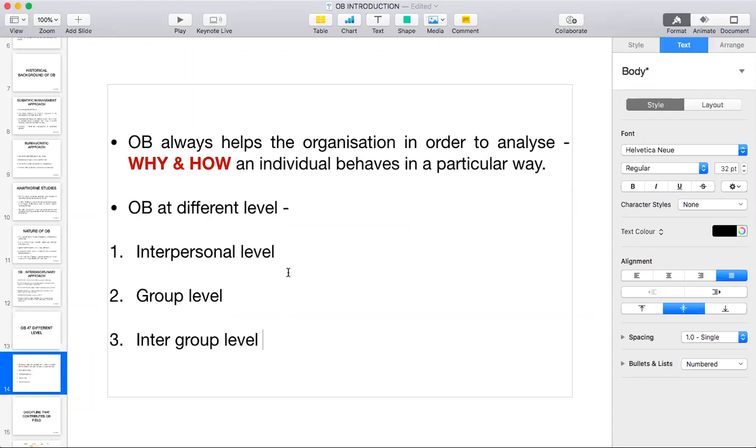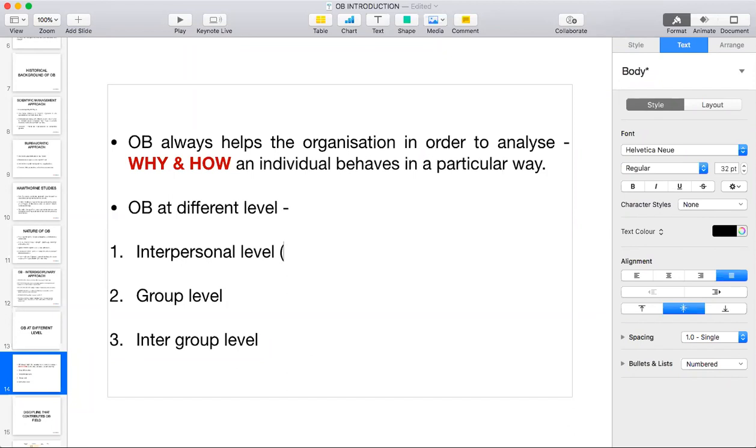Now I'll give you an example for the interpersonal level. When we discuss the interpersonal level, we are talking about the analysis of interpersonal interaction. Interpersonal means the connection or the bonding between two employees, or among different employees.